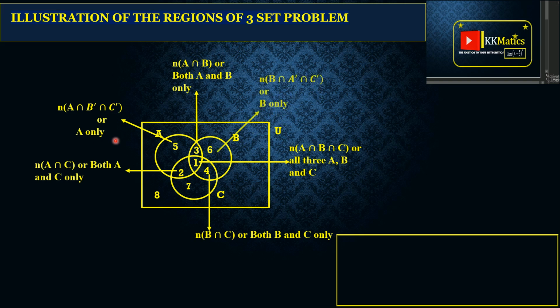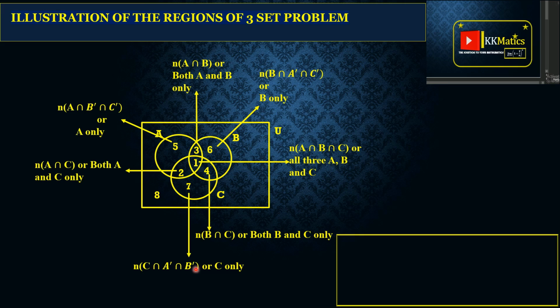Region 6 is also called B only, mathematically written as the number of elements in B intersection A complement intersection C complement, as you see on your screen here. The next thing we have is region 7, which is C only, the number of elements in C intersection A complement intersection B complement. That's the mathematical form of writing.